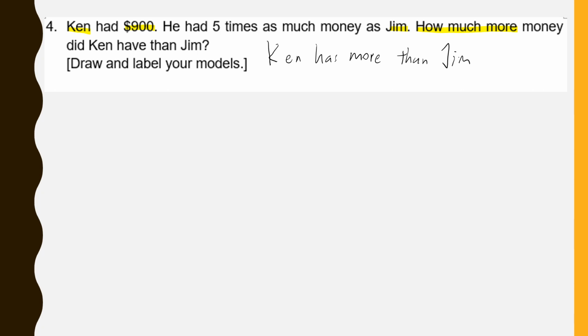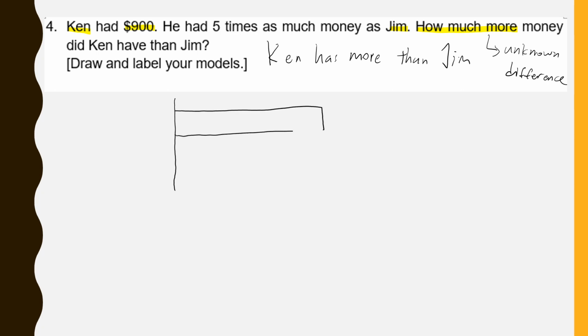Okay, now they ask you for how much more money. So this is the unknown difference. This is how you will label your model later. Okay, so if you draw the model, Ken has 5 times, so you draw 5 equal units here.